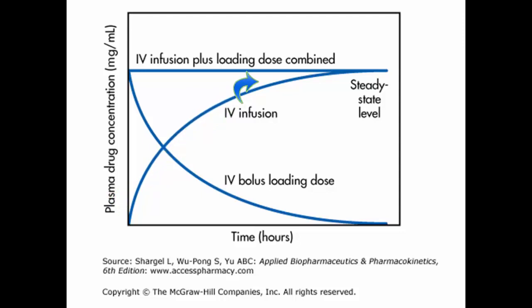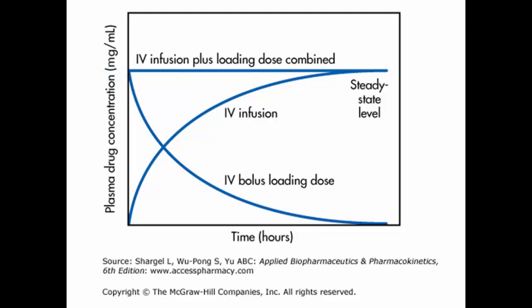And as I said before, that will take about 4 to 5 half-lives, in this case 32 hours to reach those steady state levels. And therefore we need a loading dose that will put you at the 20 milligram per liter mark from time 0. After you give that loading dose, you continue with the constant rate of infusion or the maintenance dose.